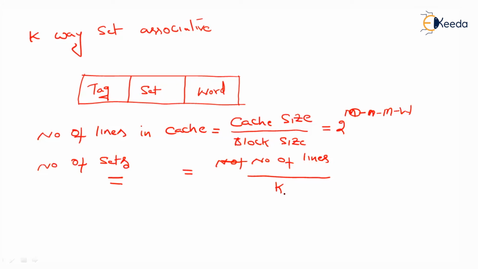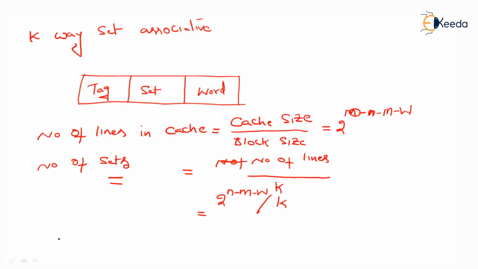That is 2 power n minus m minus w divided by k.